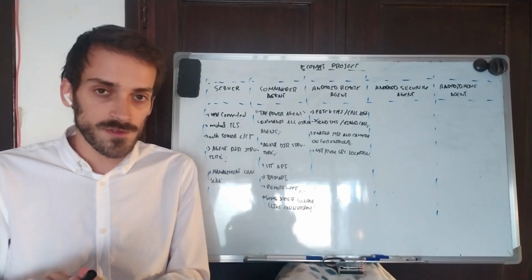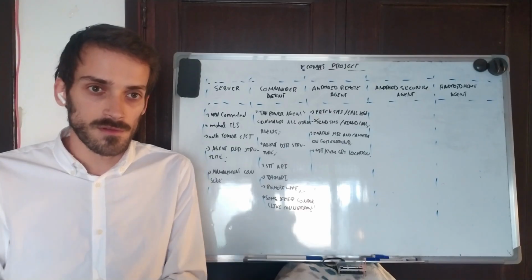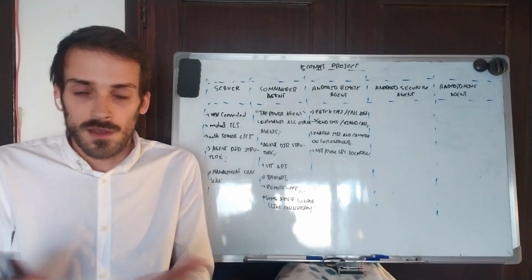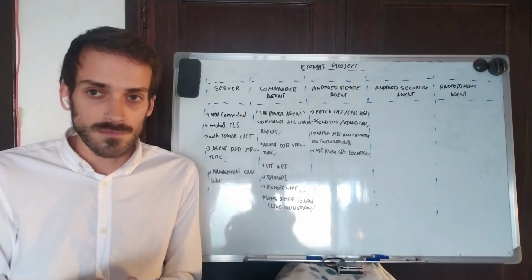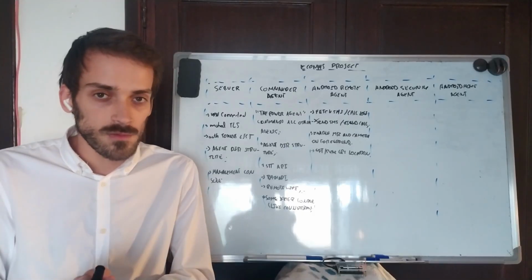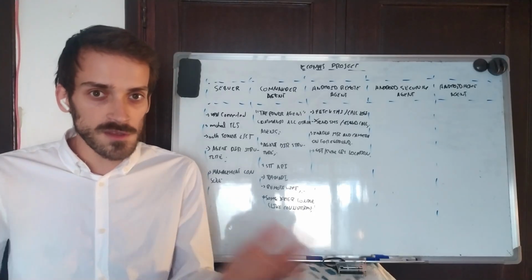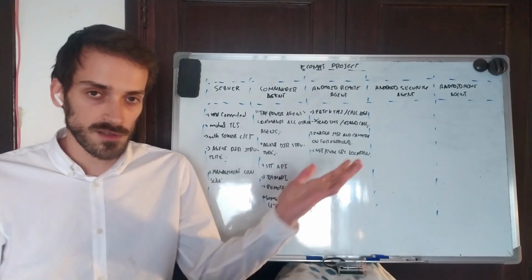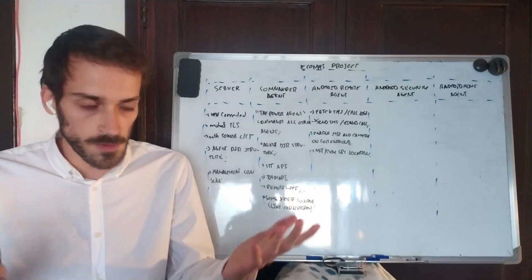That, of course, uses a lot more battery. You have to decide again, in your use case, what you need. If you don't need a precise location, you can just use an approximate location.